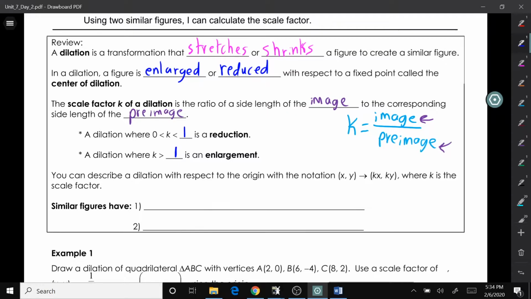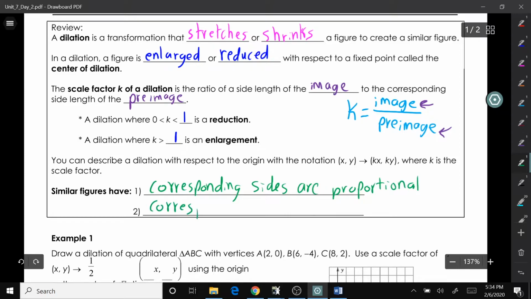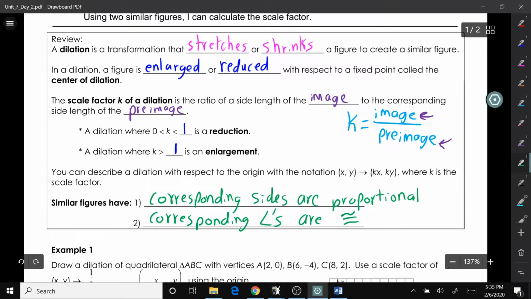So similar figures have, and we wrote this in our notes yesterday, corresponding sides are proportional and corresponding angles are congruent. Okay, so this is going to be good for us to refer back to from time to time again.